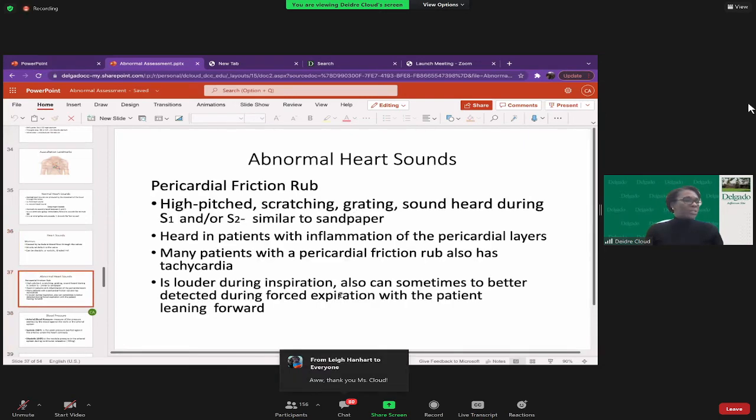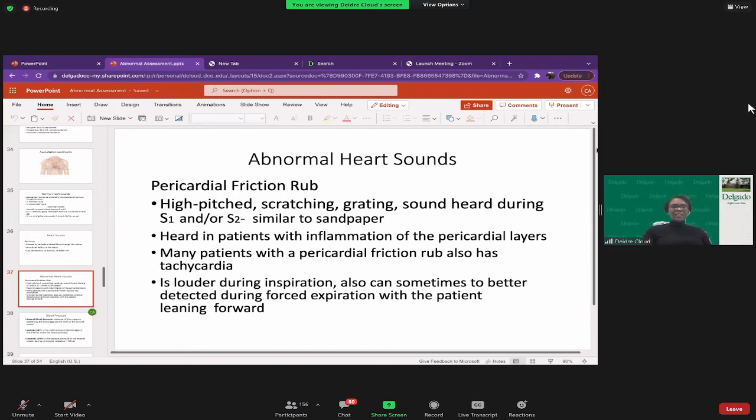So now we're going to discuss some abnormal heart sounds. There's a pericardial friction rub. Who can tell me about that? It's all there. What did you read in addition to the things that I have here? It's heard with inflammation of the pericardial layer.